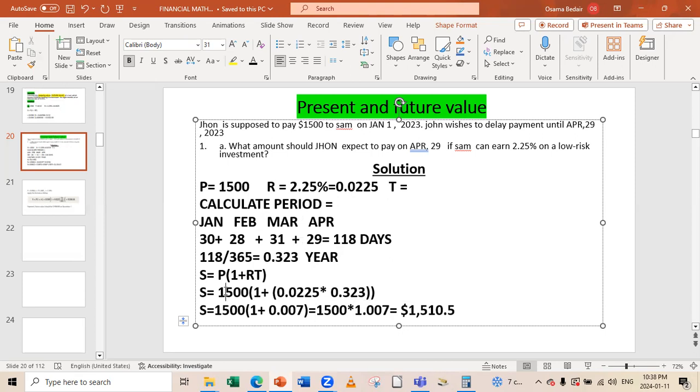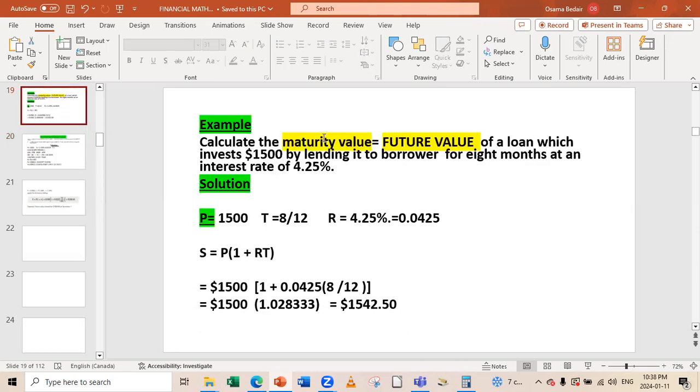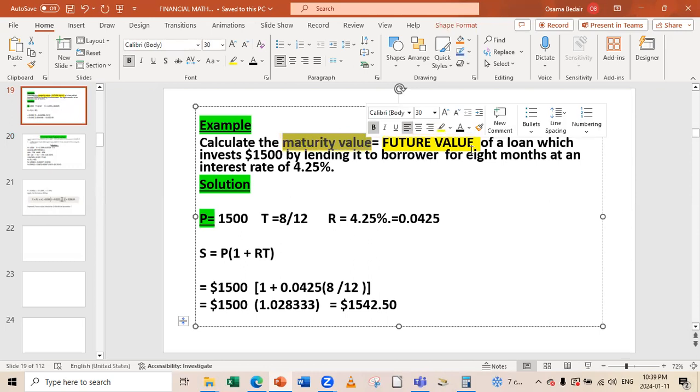We will multiply it by the 1,500 here, and the amount will be $1,510.5. That is what we call the future value. The future value or the sum, we call it. We said before, we call it the sum, the future value, or the sum of the amount.